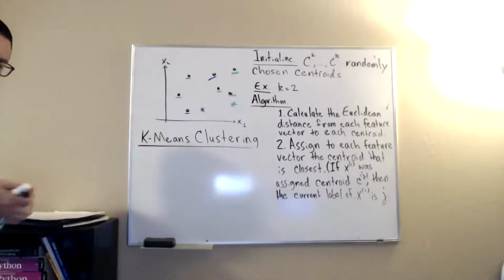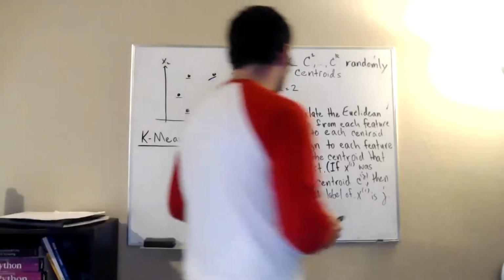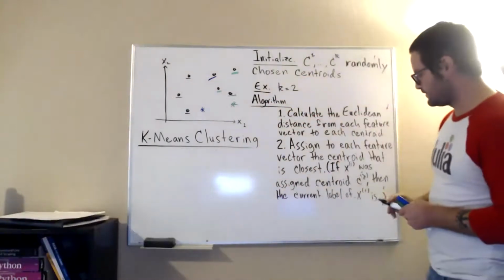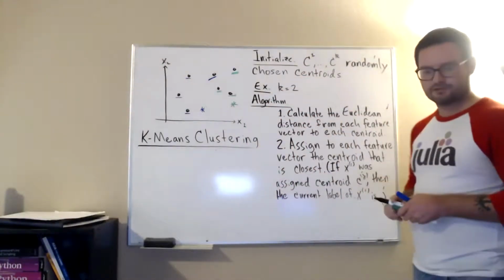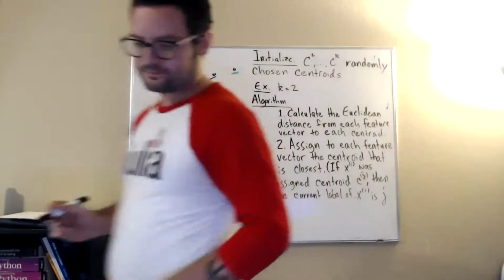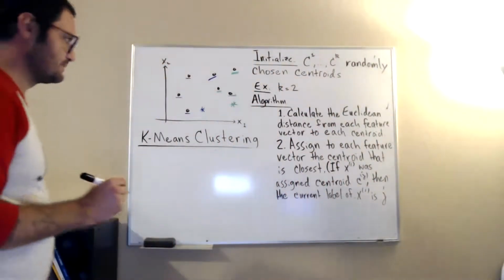Okay. So now that each feature vector has been assigned a centroid, we have clusters.